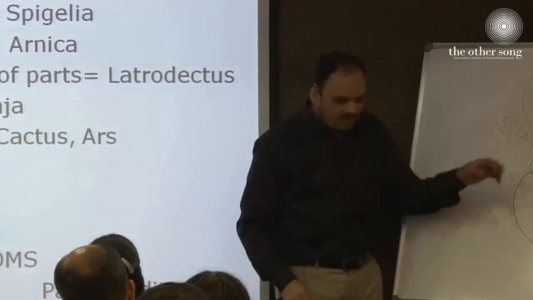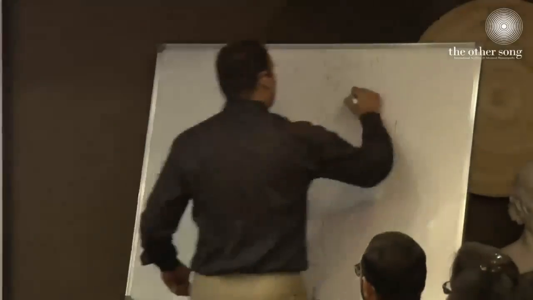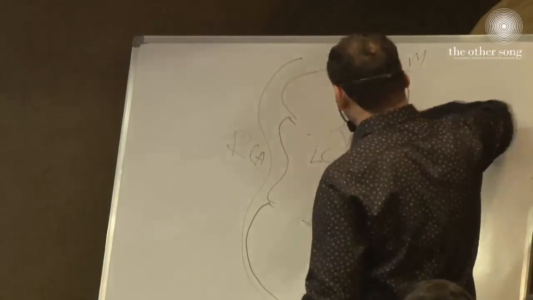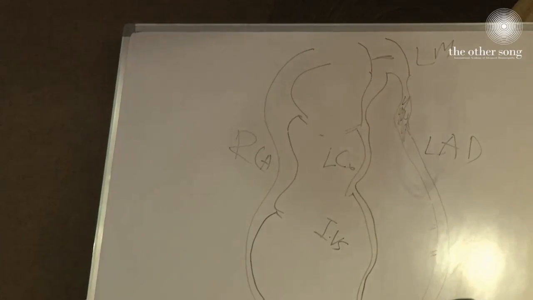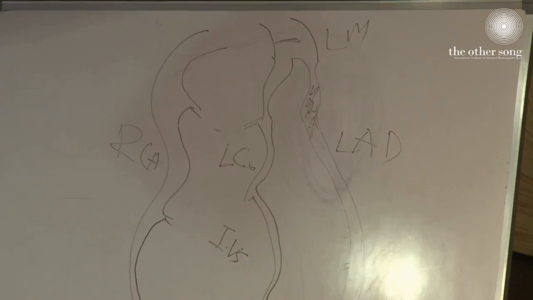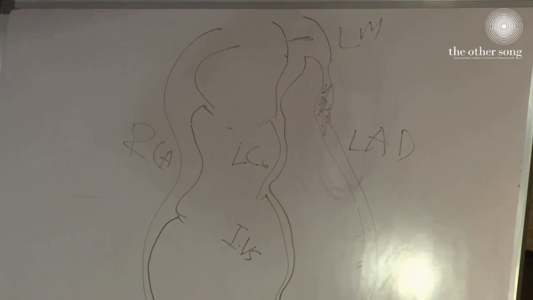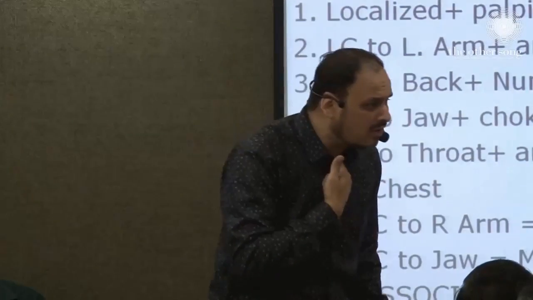Left chest to jaw. If they have a blockage here, this upper part, LAD, it supplies the jaw. Because the heart is developed from the neck in embryology, in the baby, that fetus. As the baby grows, the heart descends down, and that is why every symptom of heart disease has to involve the neck.